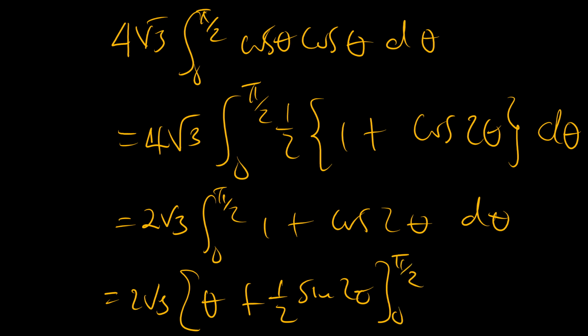And as you can see, this part here, 2 times pi over 2 is pi, sine of pi is 0, sine of 0 is 0, so this goes to 0 for all the limits, and we are left with 2 root 3 times pi over 2, and that means our integral becomes root 3 times pi.